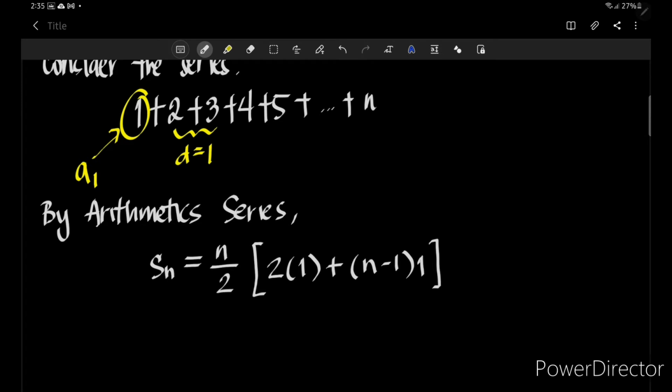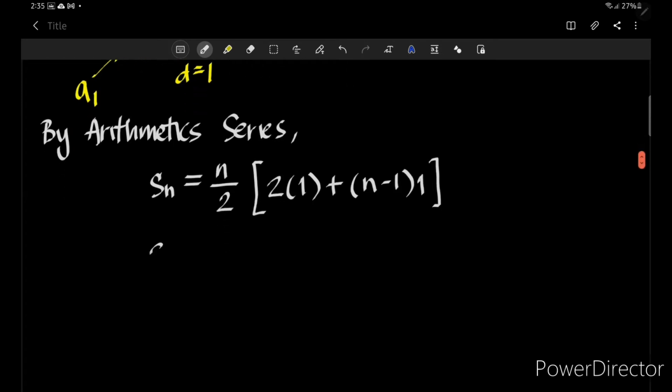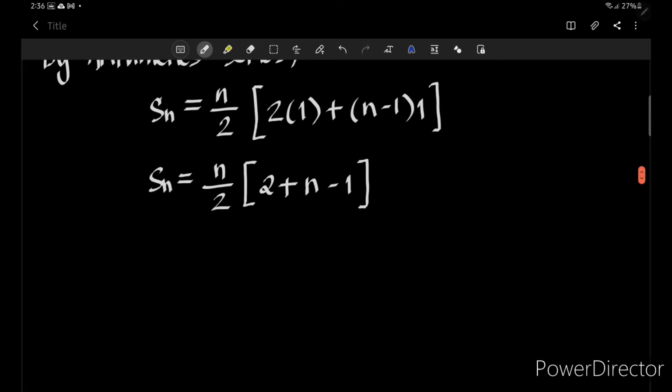Then, simplify. So, once na sinimplify natin to, we have S sub n equals n over 2. Then, 2 plus n minus 1. Okay. Sa loob ng bracket, mapapansin natin, pwede natin i-simplify yung 2 minus 1.